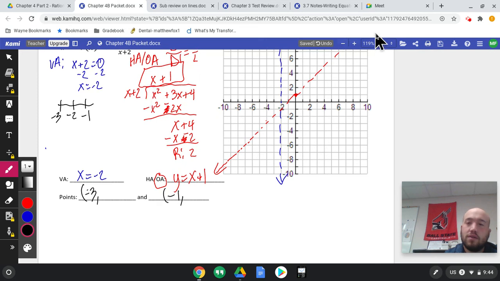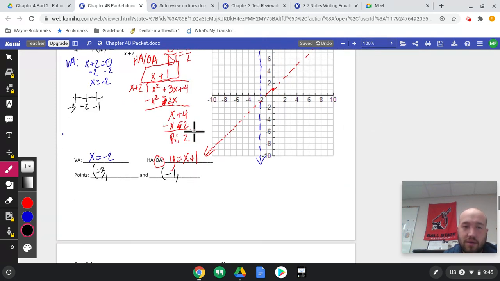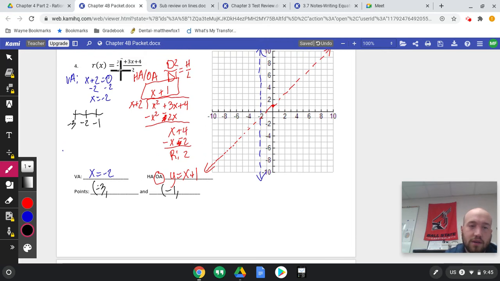So let me zoom out a tiny bit so I have a little bit of room here. Right here, x squared plus 3x plus 4 all over x plus 2.